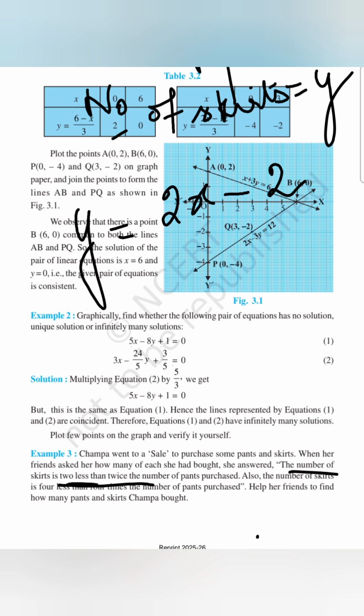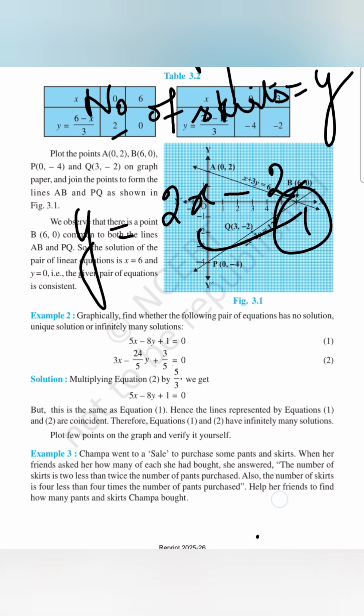So y is equal to 2x minus 2, because twice the number of pants is 2x, and 2 less than that is minus 2. So this is how you form the first equation.